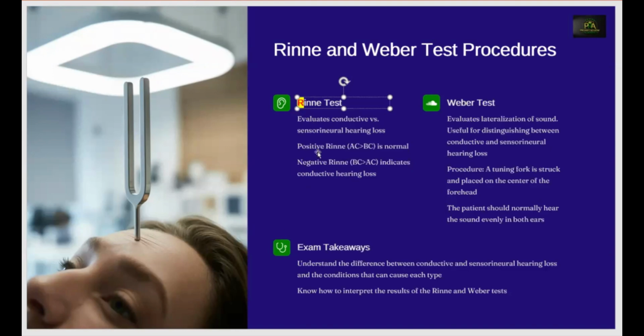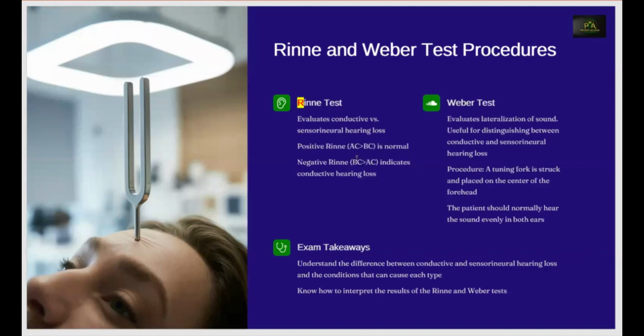So Rinne, when it is positive, AC is greater than BC. So remember, A comes before B in alphabetical order. So it becomes abnormal when B comes before A. That is how to remember.